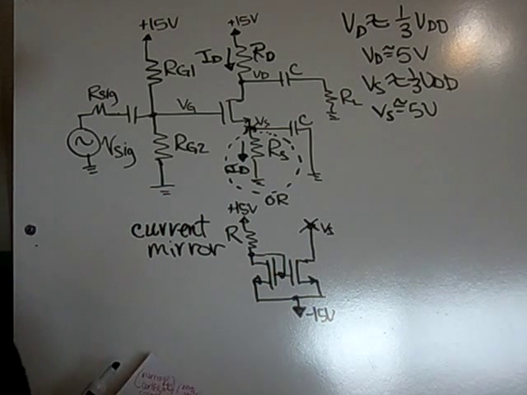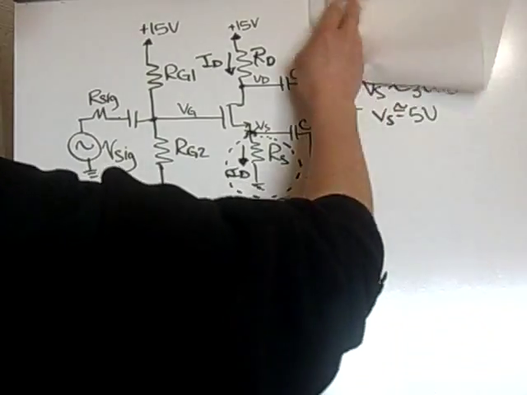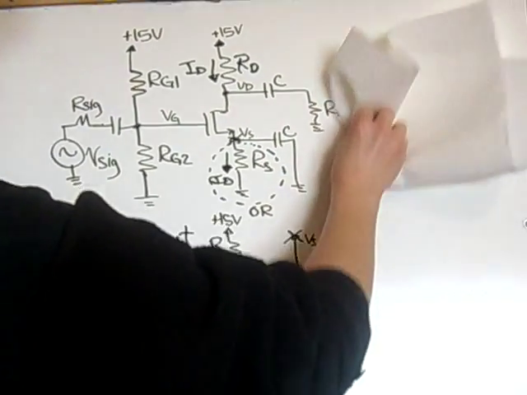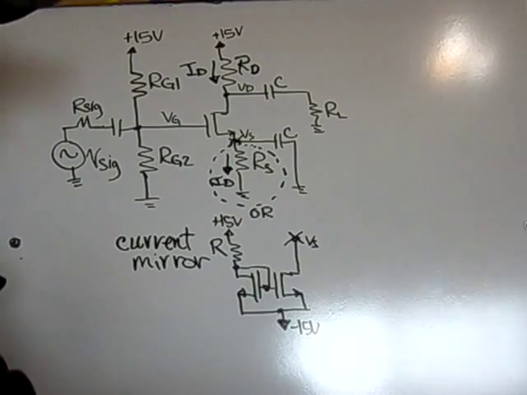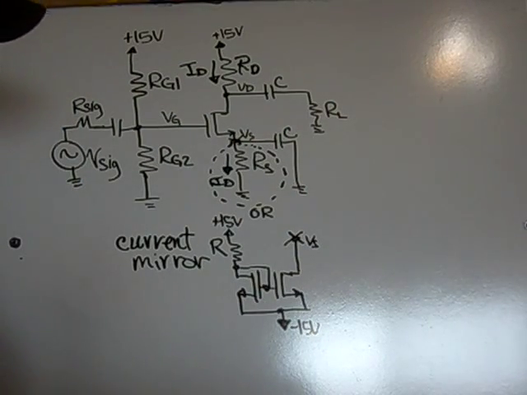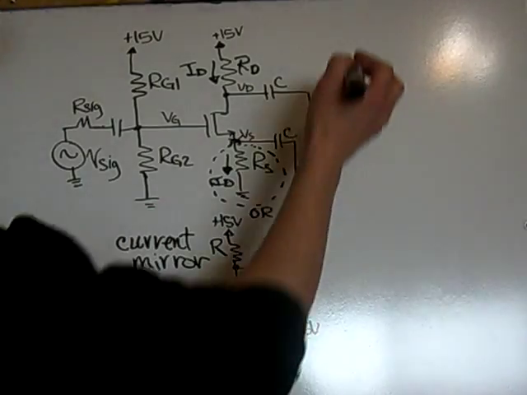Once you figure out the voltages that you're going to have, we need to figure out what ID is going to be. ID can be found using an estimate for the gain.